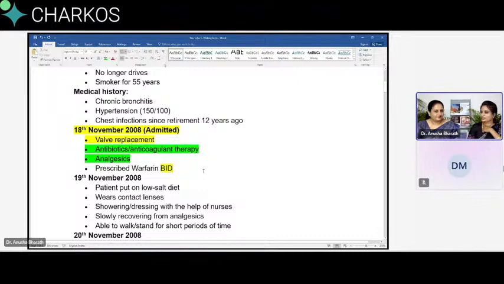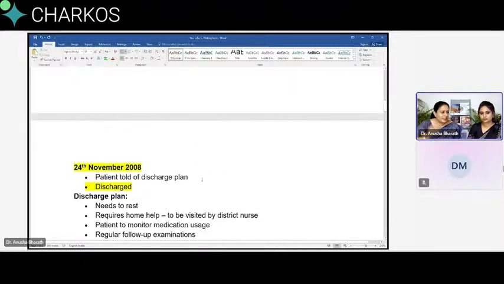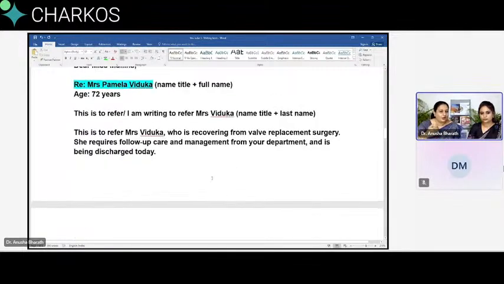Let's change the color for some colorful screens. Yeah, done. So we are done with the diagnosis. We have also mentioned that the patient was admitted and a valve replacement surgery was done. Yes. And now when we look at the commencement, she was commenced on.